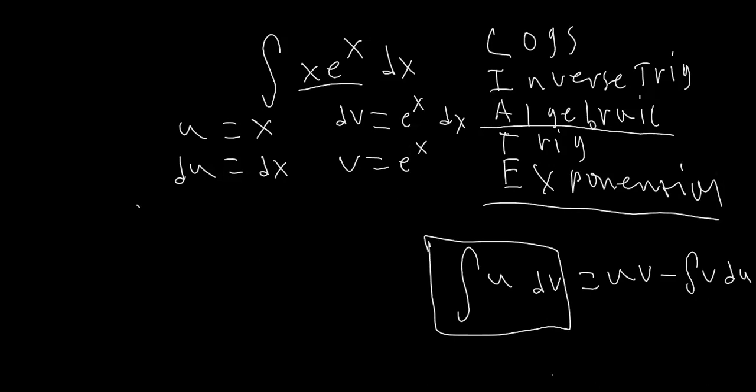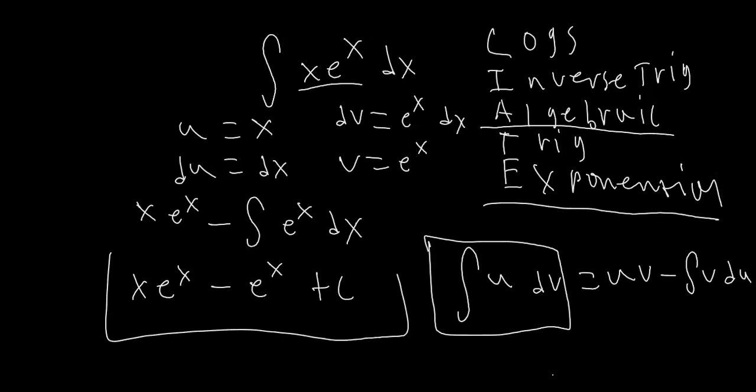U times v, so x times e to the x power, minus the integral of v, so e to the x, times du, so just dx. Then we get an answer of x times e to the x minus e to the x plus c. That's our answer.